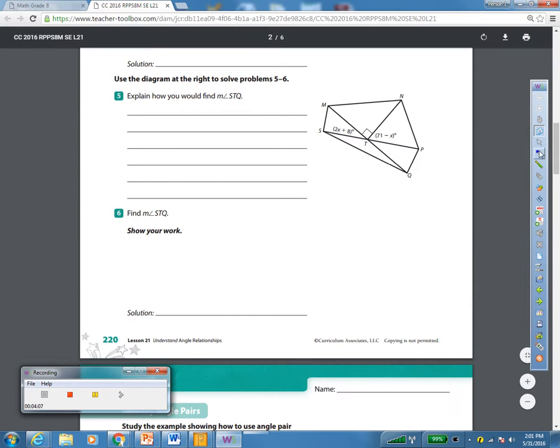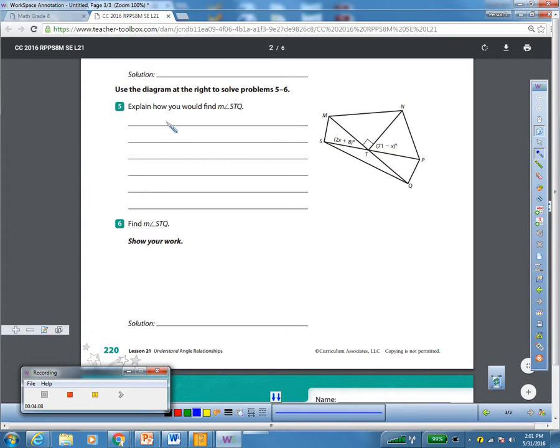On this one, they don't tell you to actually solve it, they're just asking you to explain it. If you look, you get 180 degrees right here with this straight line. In order to find STQ is what we're looking for, let me switch colors here. We want this one right here.